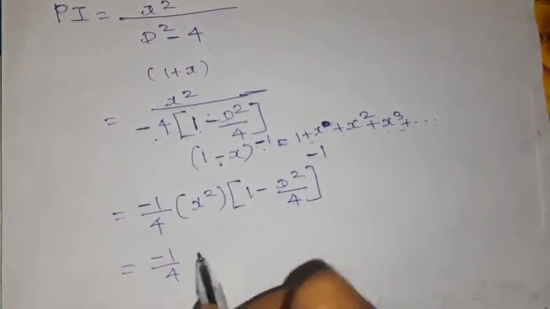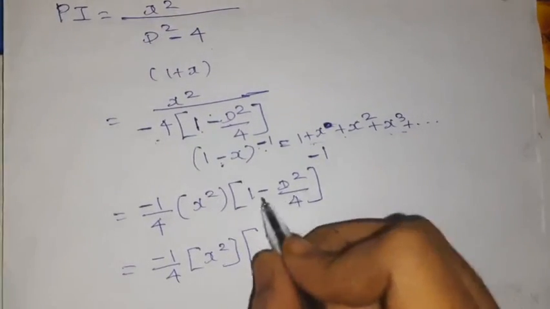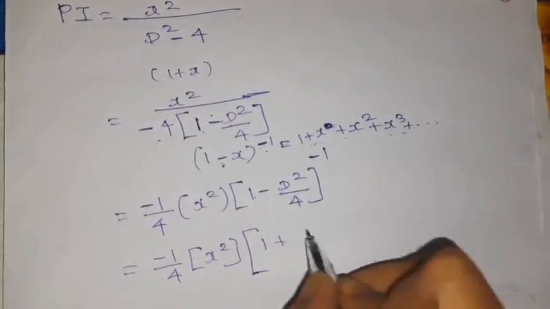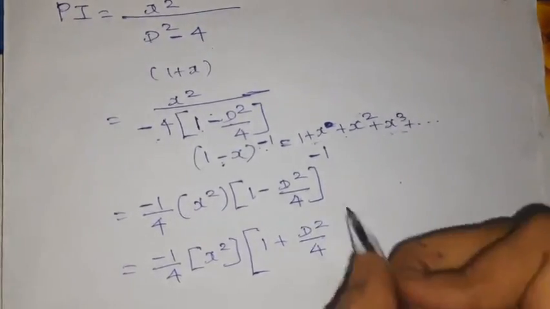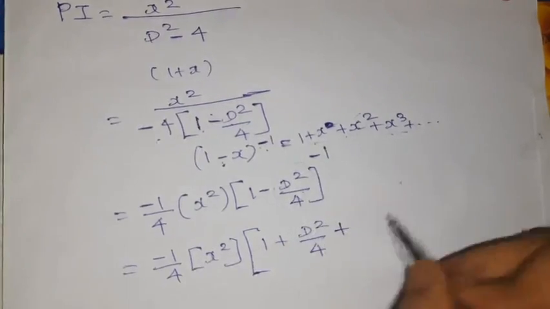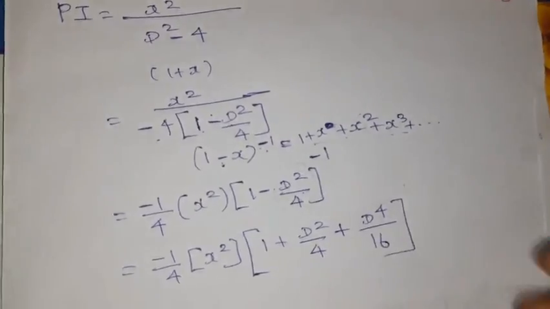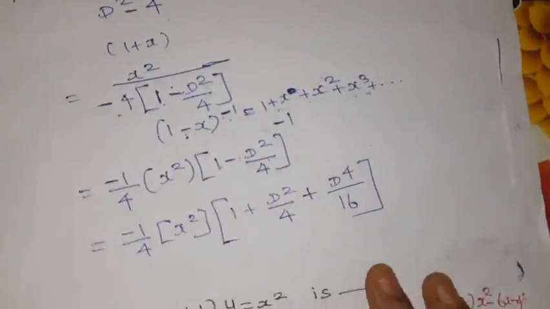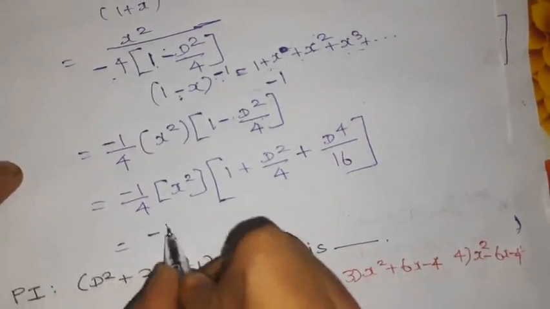So just expand these terms. Minus 1 by 4 into x squared into the expansion: 1 plus d squared by 4, up to x squared we will stop. Then this term the whole squared, then d power 4 by 16; we will stop up to this. Then we proceed further by multiplying x squared inside.